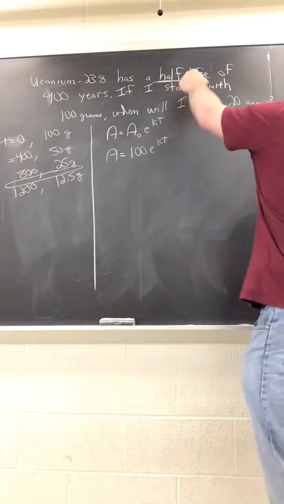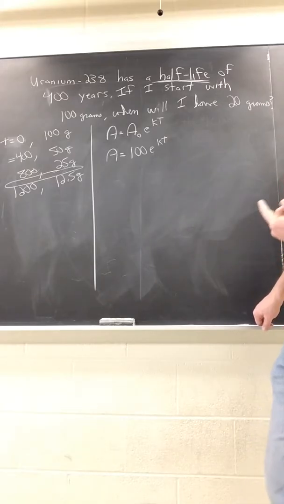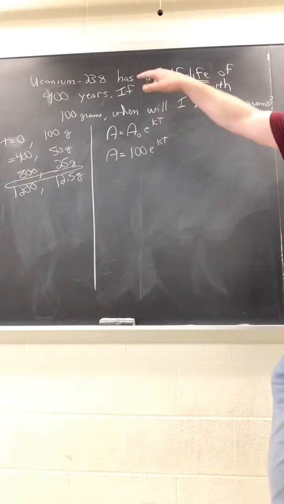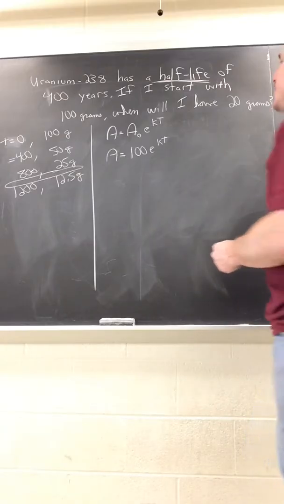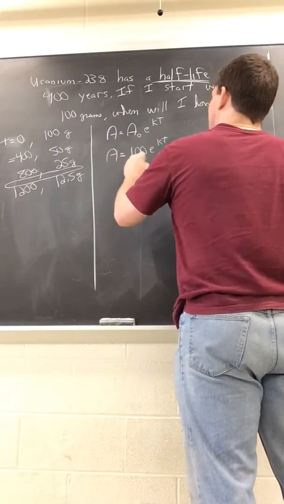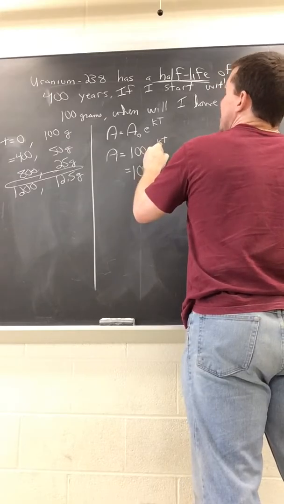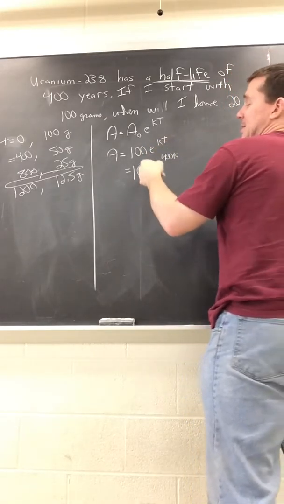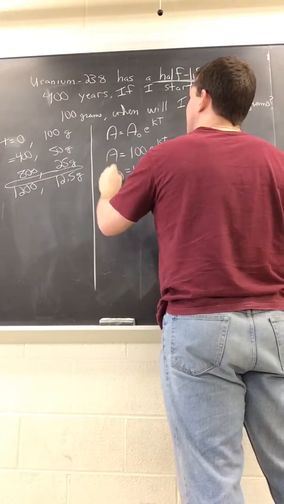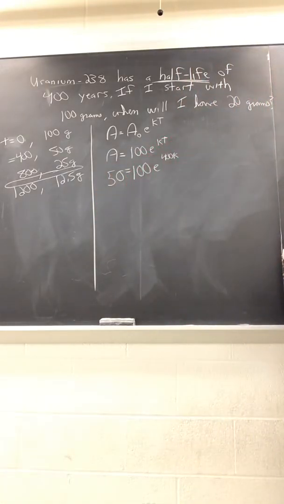But if I know what half-life means, when time is 400, I have half of what I started with. That gives me another point I can use. I can plug in, when time is 400, that's the half-life, I'll have half of what I started with. Half of 100 is 50. And now I have an equation I can solve.